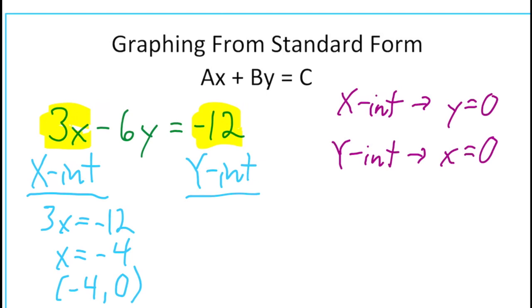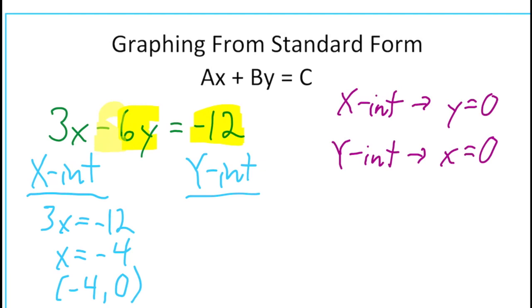All right, for the y-intercept, I would get fancy here with our highlighting. With the y-intercept, I'm going to focus on the y value in this. Now, my highlighting right now would lead you to a mistake. If you write 6y equals negative 12, it's not going to work.